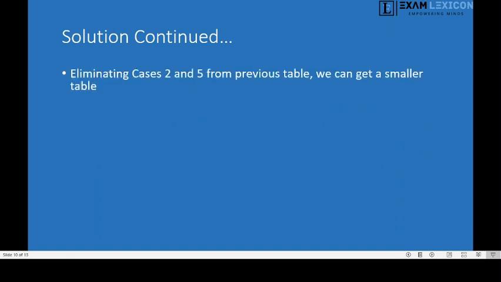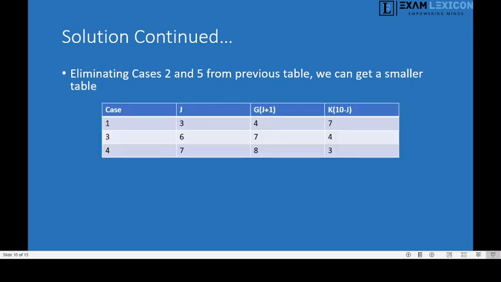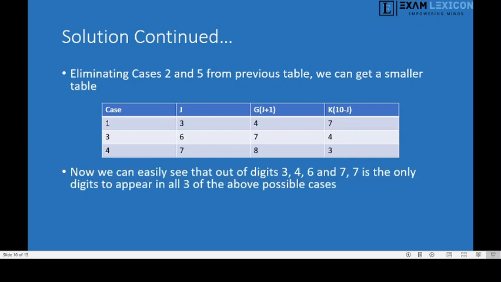So eliminating both cases 2 and 5 from the previous table, we get a much smaller table, which is this one, where the values of J are 3, 6 and 7, G are 4, 7 and 8, and K are 7, 4 and 3.